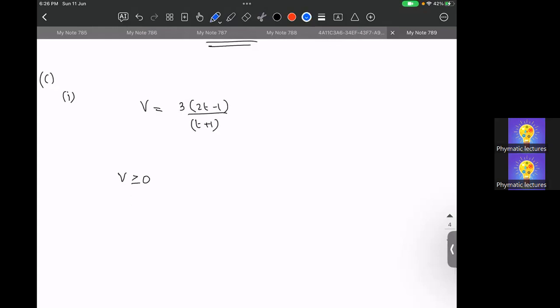So we equate: 3 times (2t minus 1) by (t plus 1) should be greater than or equal to 0. Cross multiplying, 2t minus 1 should be greater than or equal to 0, or 2t should be greater than or equal to 1, or t should be greater than or equal to 1 by 2.